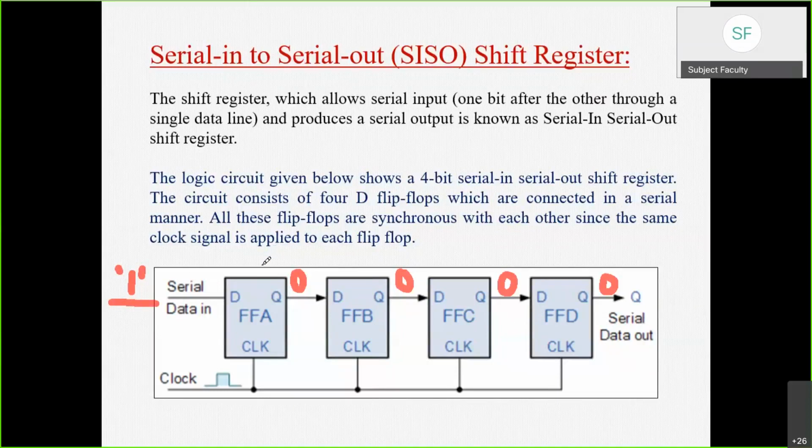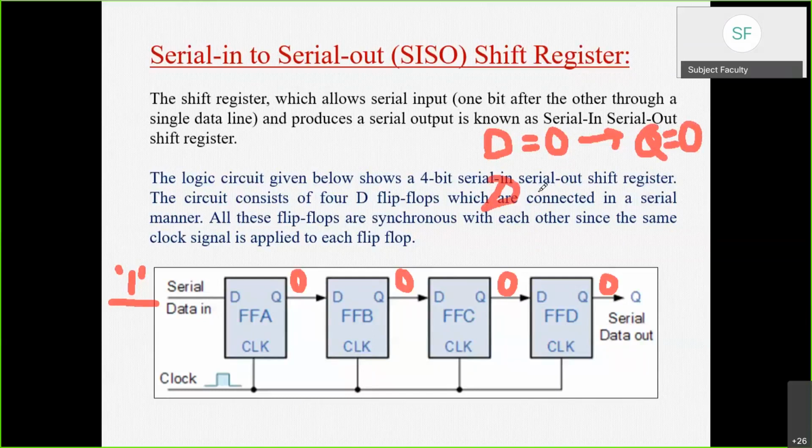So before going to that, you should remember the operation of the D flip-flop. Always when the value of D is 0, then you will get output as 0. If you observe the truth table of the D flip-flop, you can remember that when D equals 0, then Q will be 0.